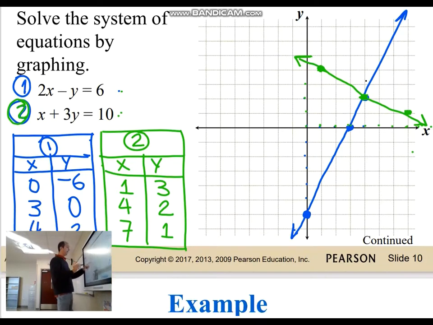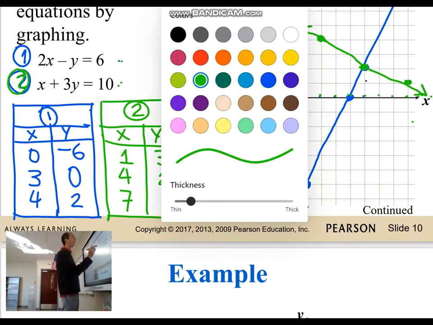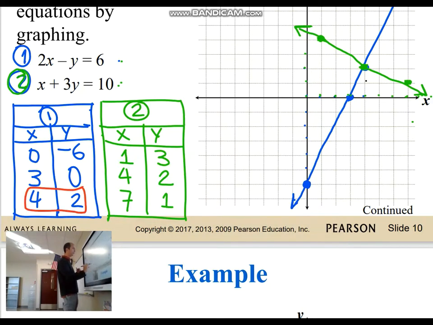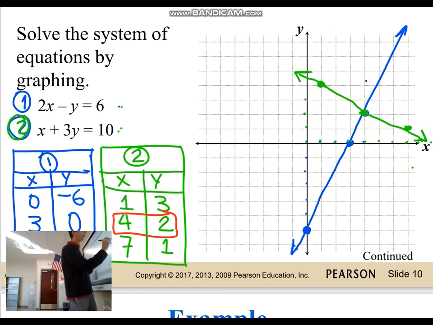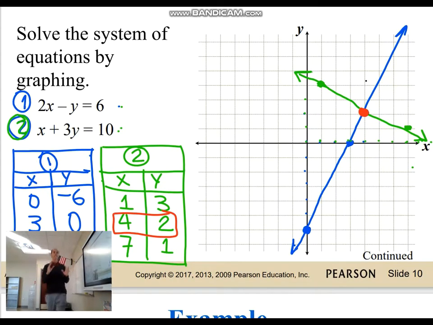But by accident, we just found the intersection, because we have x equals 4, y equals 2 on both lines, and we can identify on the graph that this is the intersection point. That is how we find the solution by graphing.